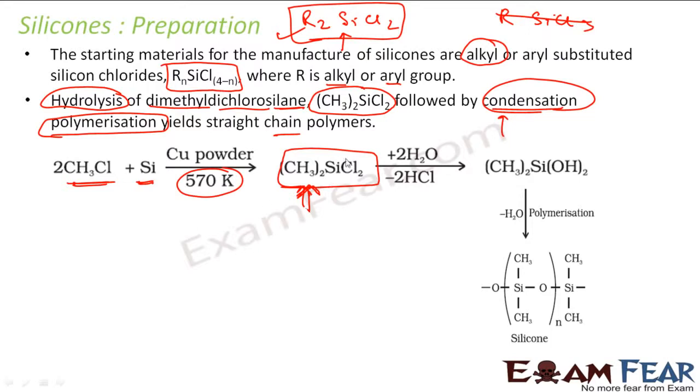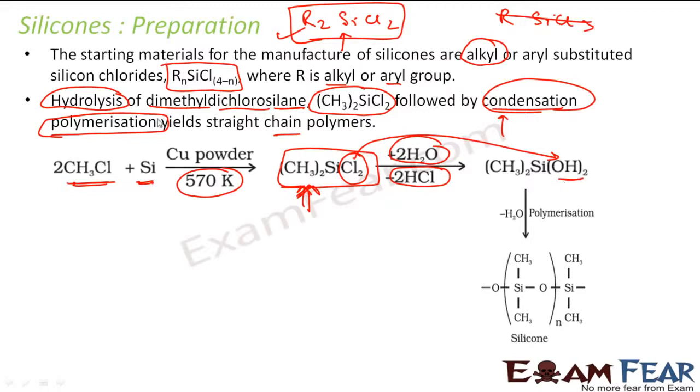Once I have this, I do hydrolysis. I add water and remove the chlorine, so instead of chlorine I now get OH. Hydrolysis is nothing but replacing the chlorine or any halogen with OH. So I got this.